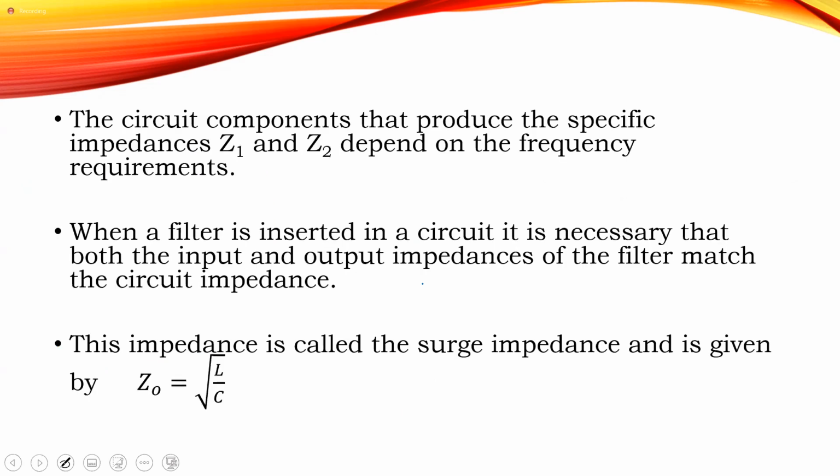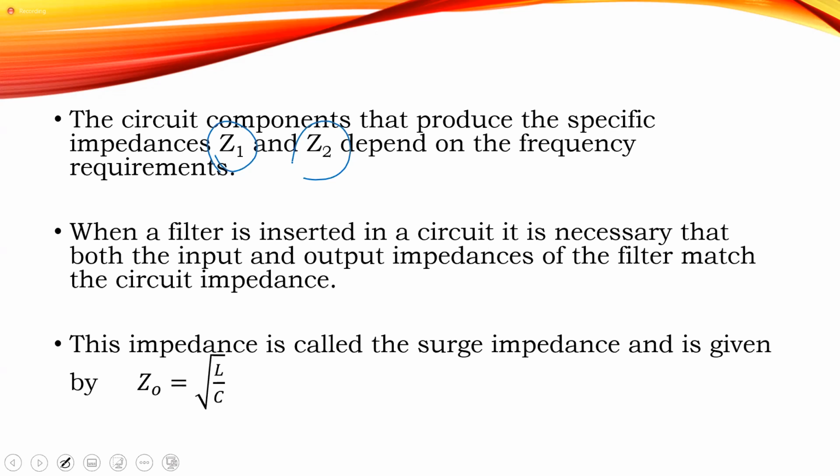So, again, as I reiterated with that L-type, the Z1 and Z2 will be dependent on the frequency requirements, whether I want high pass or low pass. And further on, we will look at band pass filters. Now, a filter must provide the impact of managing the frequencies that we want as output.